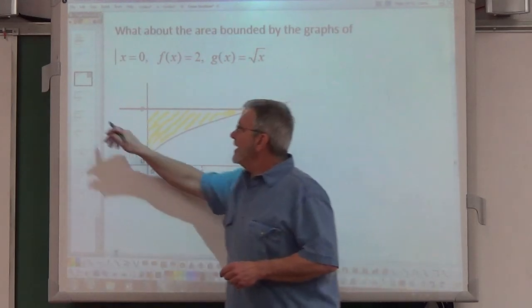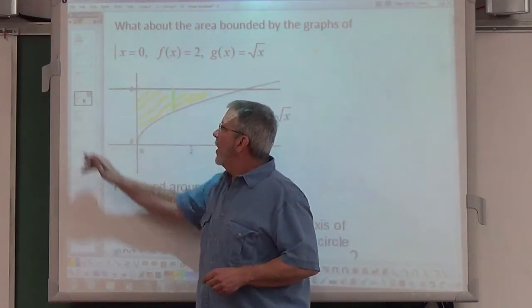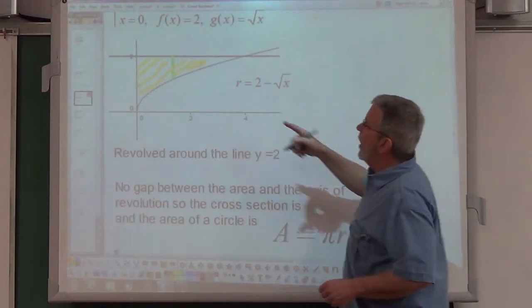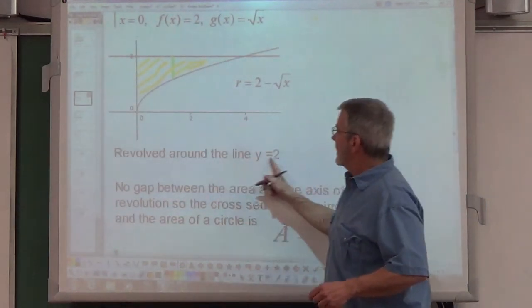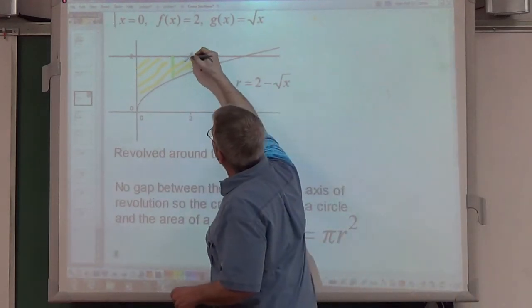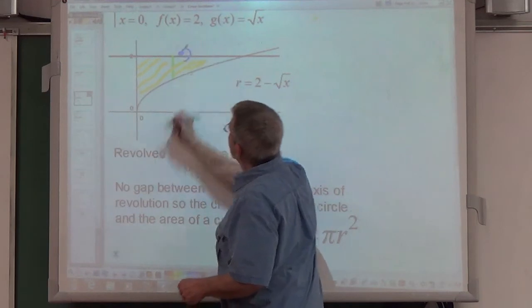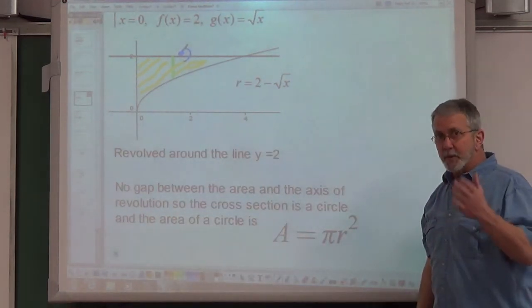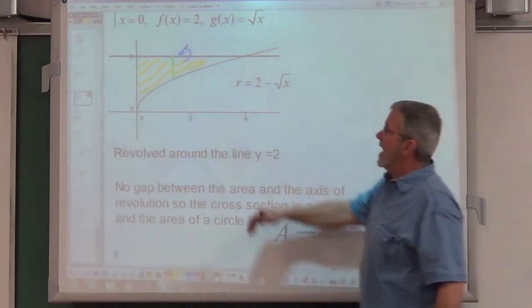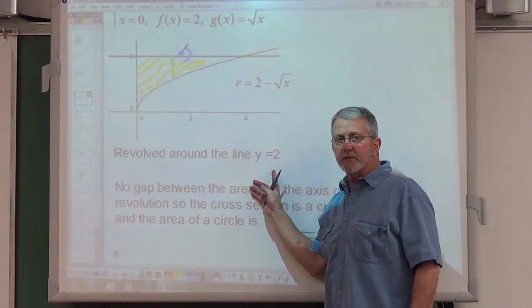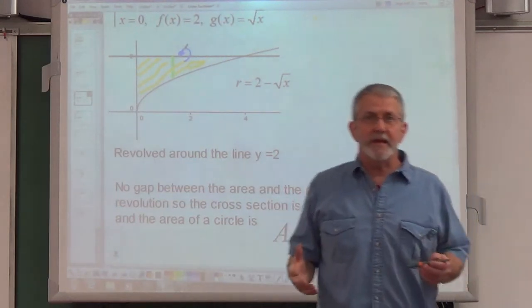And I'd like to begin by finding the volume of the solid created when I revolve this area around the line y equals 2. So I'm going to revolve that area around the line y equals 2. And if you recall, the first thing I do is go to the axis of revolution, which in this case is y equals 2, and I determine if there's going to be a gap.